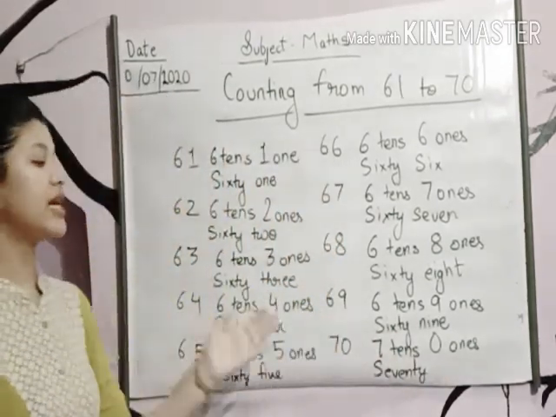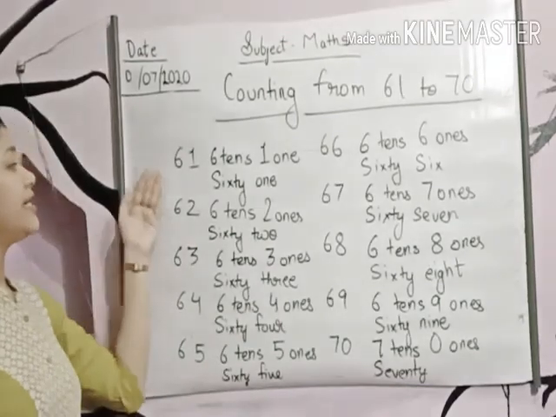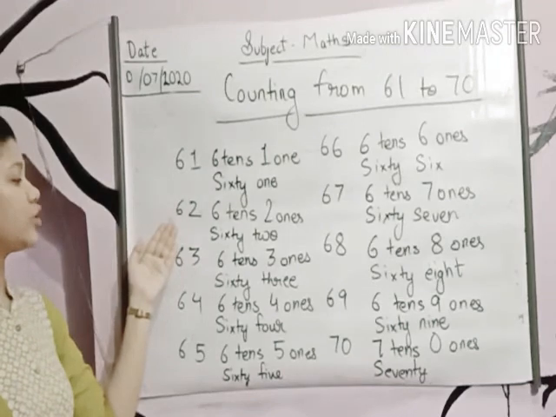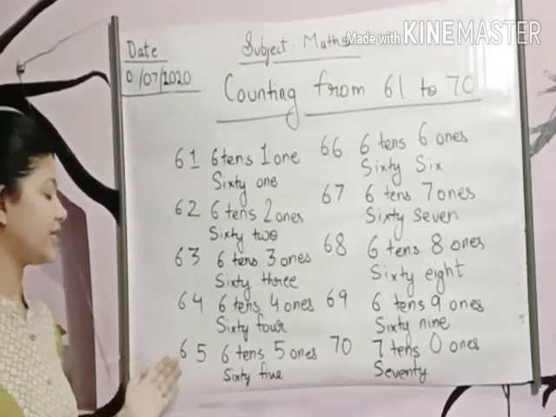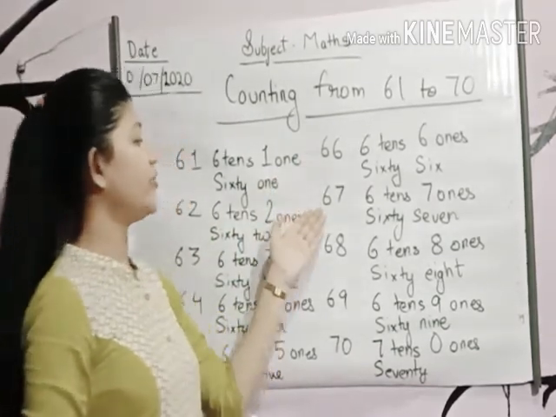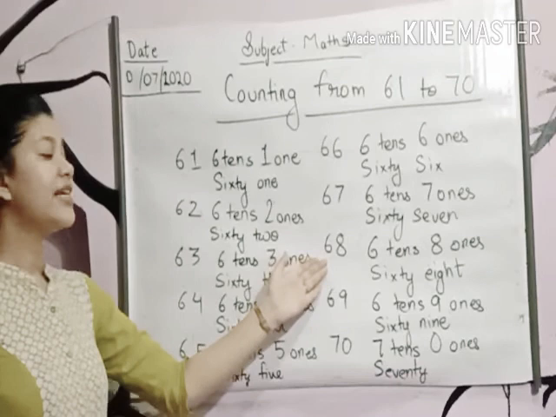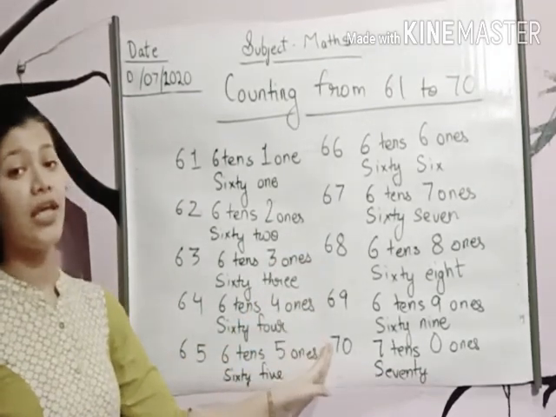I hope these countings are clear to you all. Let's recall all these countings. 61, 62, 63, 64, 65, 66, 67, 68, 69 and 70. Okay, clear?